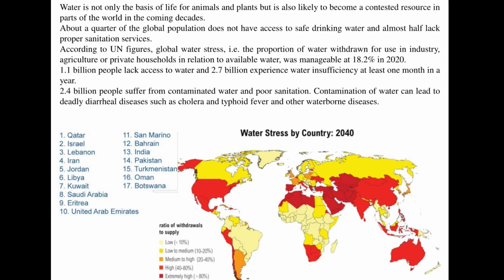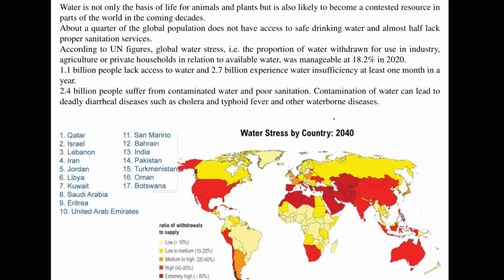That is our main target: how to deal with this contaminated water. It is because of poor sanitation. The contaminated water causes deadly diseases like diarrhea, cholera, typhoid, hepatitis, and other liver diseases, which are all waterborne diseases. So we have to purify the released water, because there are a lot of toxics in this water, to control the water crisis.